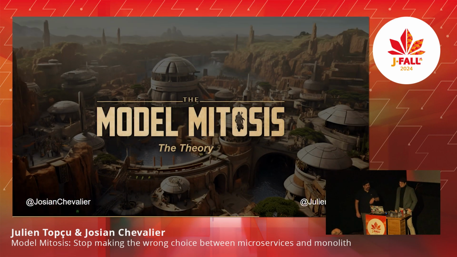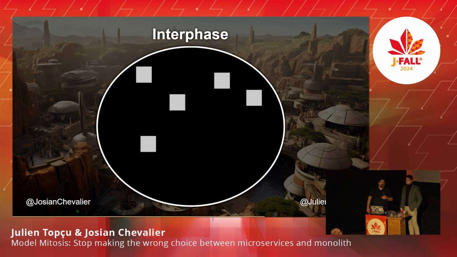But okay, so maybe from this discussion, you have seen that some pattern has emerged. That looks like a cellular mitosis. I mean, if you squint a bit, I guess. If you squint a lot. But like George Box said, all models are wrong, but some of them are useful. And this one is particularly useful when you start with an application that has one responsibility, or is an MVP.